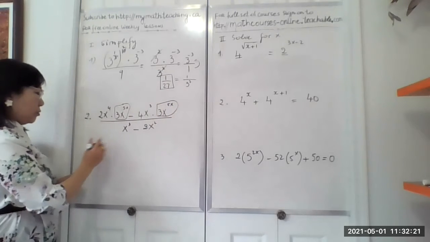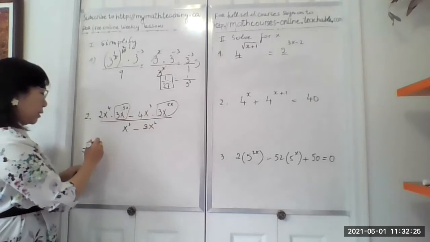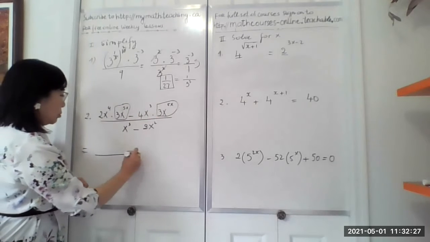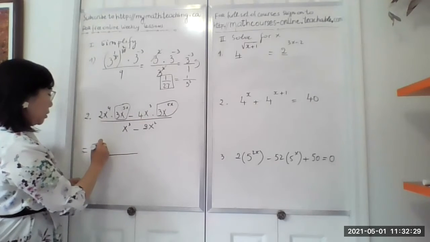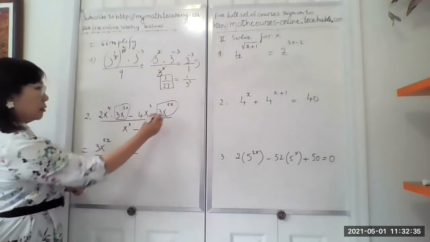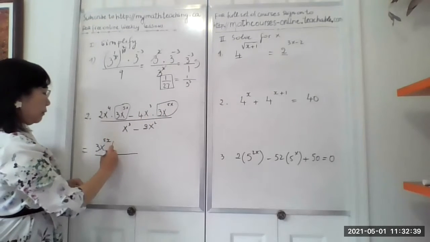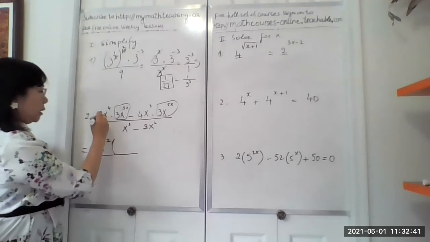They look the same, so what I'm going to do is pull out the common factor. So on the top, I will have 3x to the power 5x, right? They look the same, so I pull it out as a common factor. I'm going to open the bracket.